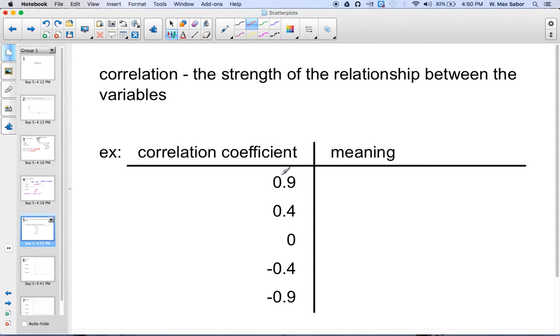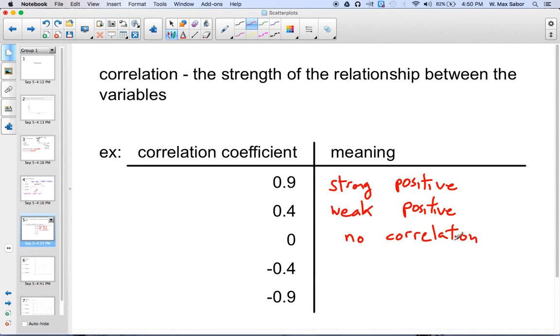So if we have a correlation coefficient of 0.9, that's a strong positive correlation. If we have a correlation coefficient of 0.4, that means that it is a weak positive correlation. And if there's none, then there's no correlation. And it is possible to have a weak or a strong negative correlation.